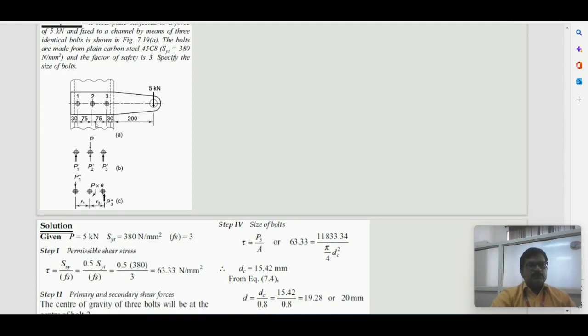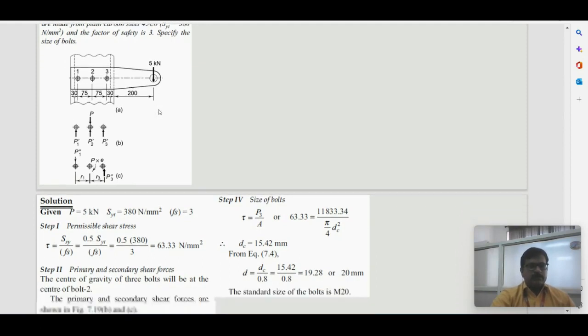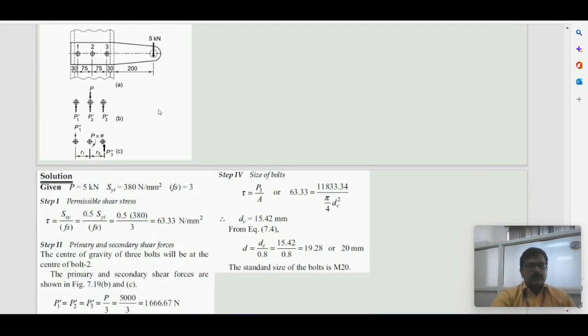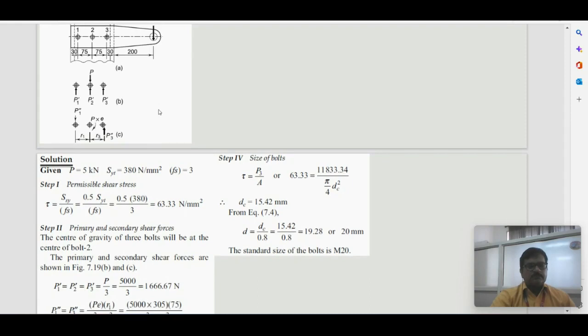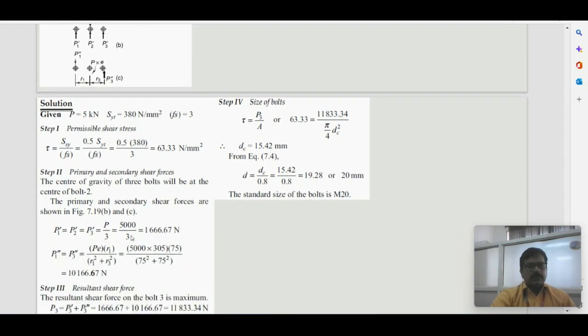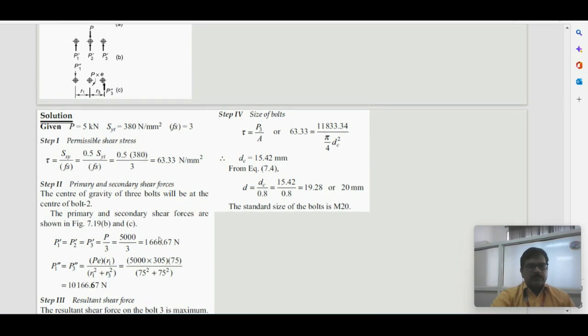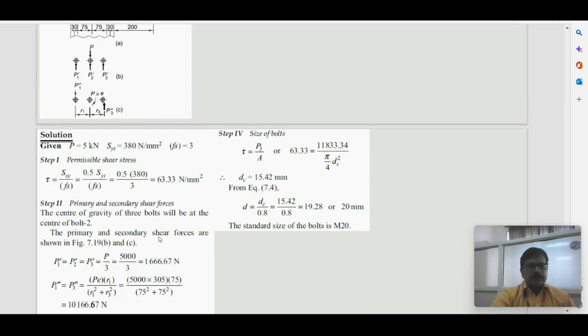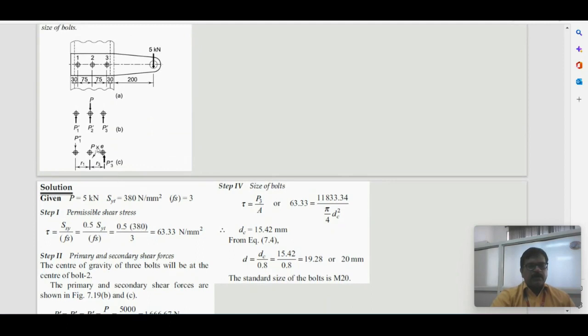First of all, the primary shear on all of them is 5000 by 3, which is 1666.67 Newton on all three. The secondary one depends upon the distance of the bolts from the centroid of the bolt system.